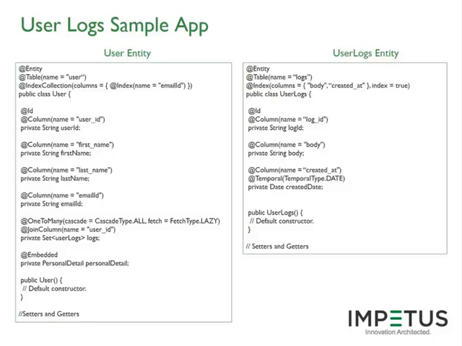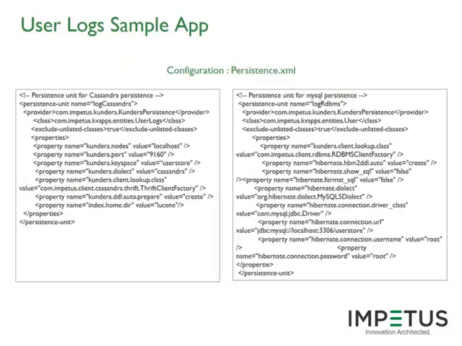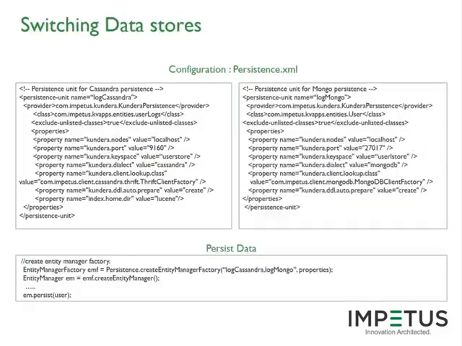They're simple JPA annotated entities. Once you define your JPA annotated entities, the next thing is to specify the configuration files. In these configurations, you just mention which data store you want to keep which object in, and several other important configurations, and with 3 lines of code, you're done. That's it.